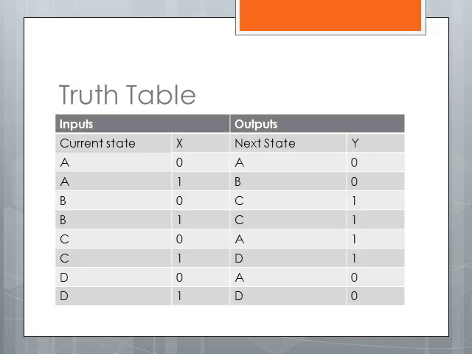Now, we can already see something's a little off based on those outputs. Not based on the next state, but based on Y. But let's go ahead. We'll draw our FSM, our state diagram. We'll draw that with 3 states, and I'll walk you through more or less what's going on and why we may want to keep that 4th state, that D state.